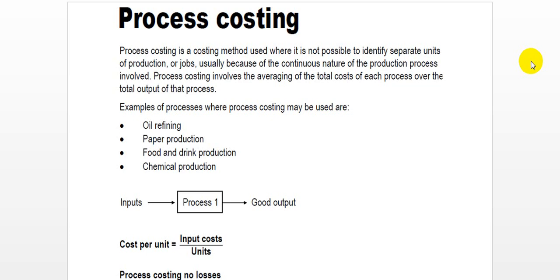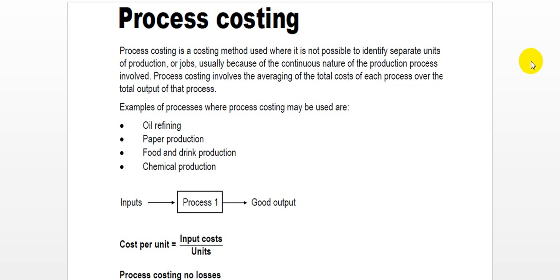That's where process costing comes in. So you want to determine this cooking oil, this juice we've made, this chemical we've produced, how much has gone into it.